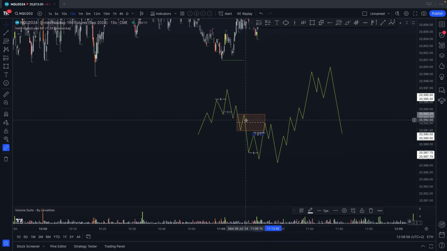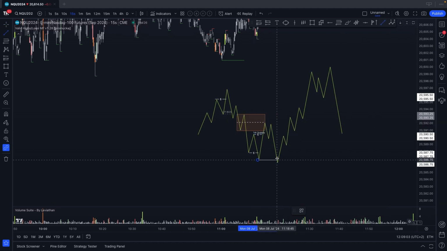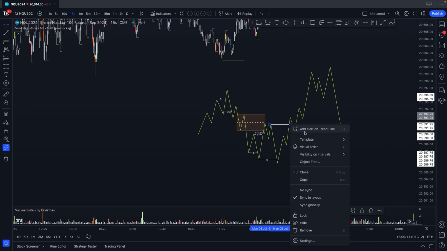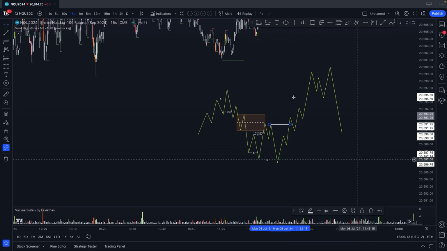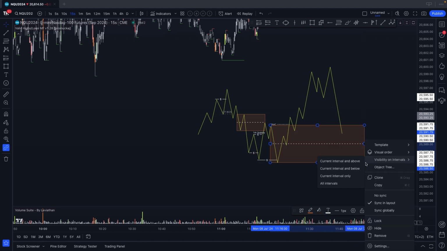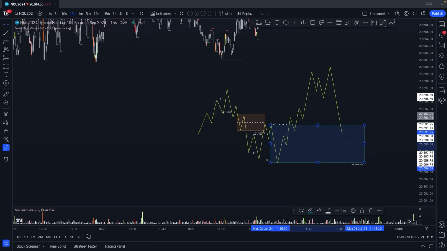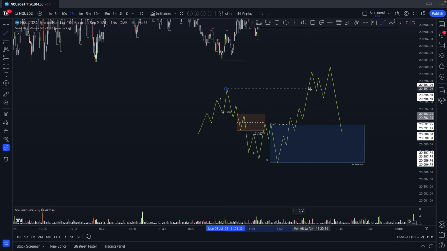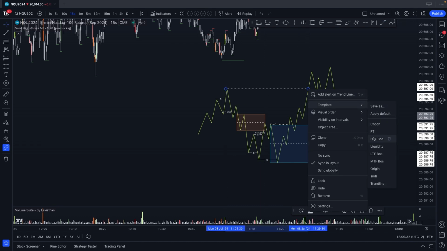We tested the 50% of the unmitigated supply zone and we move down. We grab another liquidity here, we broke this structure here, okay, and so what we are waiting for is a test of this demand, which broke a higher time frame structure.